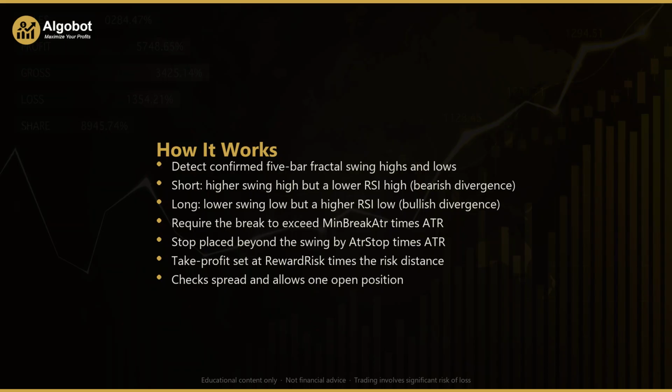So the profit target is roughly 1.8 times the size of the stop distance. The EA also checks that the spread is within the max spread PTS limit before entering, and it allows only one open position per magic number. Fixed lot sizing keeps each position the same size, so the risk is consistent from one setup to the next.